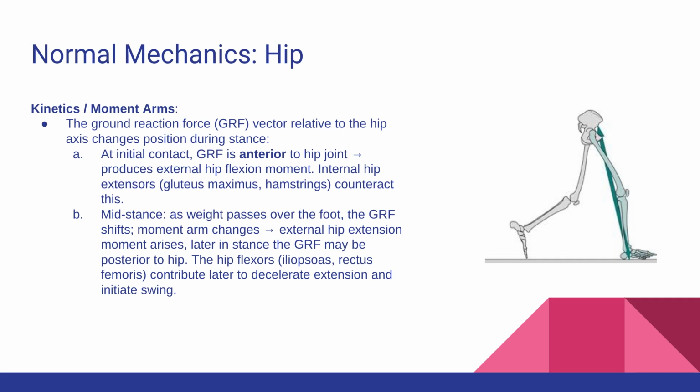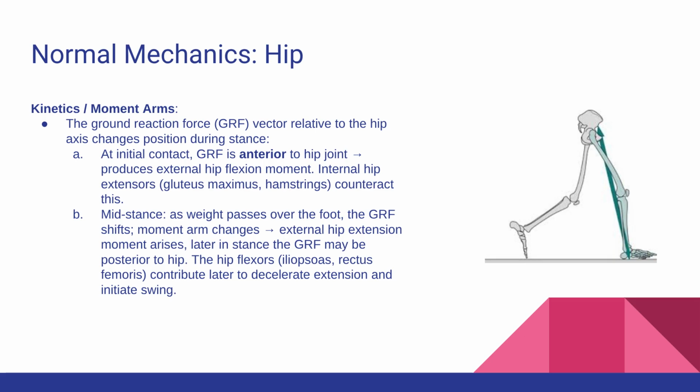Next, we need to layer kinetics on top of kinematics. Motion alone does not tell the full story. At initial contact, the ground reaction force vector lies anterior to the hip joint center. This creates an external hip flexion moment.